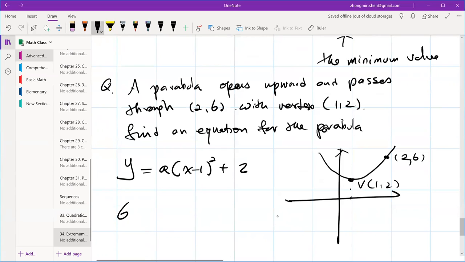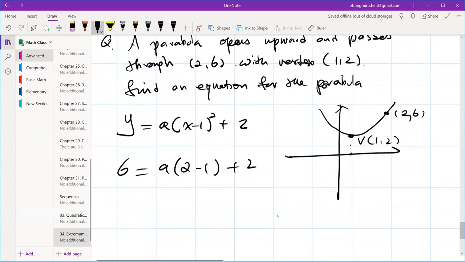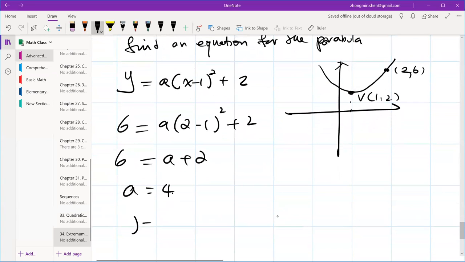You just plug in 2 for x and 6 for y, and you determine the value A. And A is going to be 4. And then you get the equation, and this is the equation for the parabola. Okay.